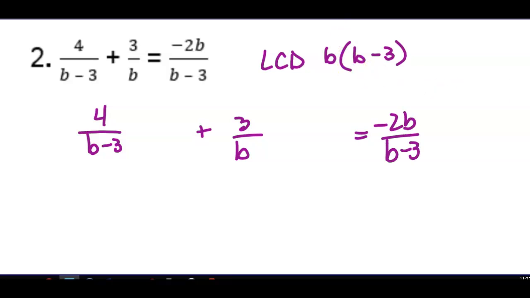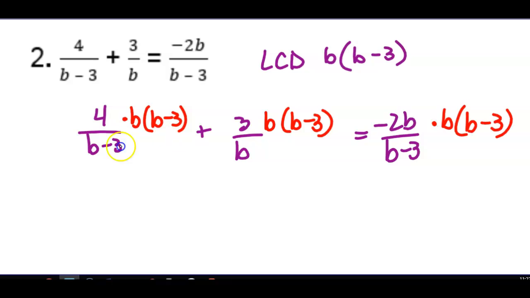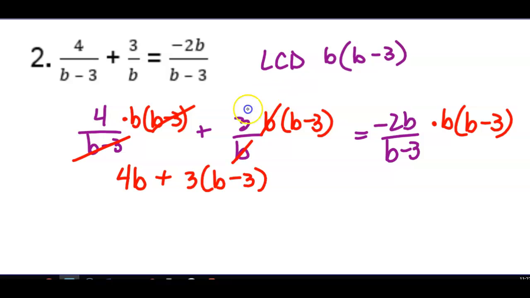And I'm going to show you that we're going to multiply a b and a b minus 3 all the way through. All right, so what happens here is those divide out, not using cancel. These divide out. We could have distributed that before we wrote it down, but I'm showing all my work. And this factor divides out.